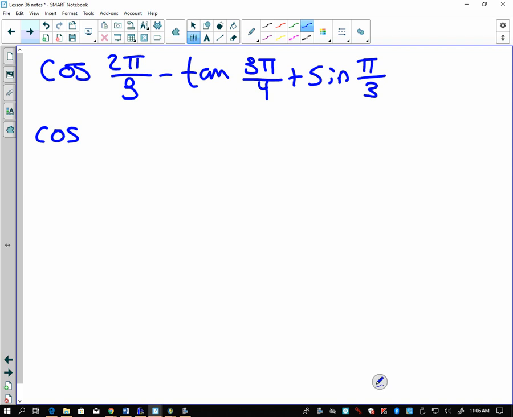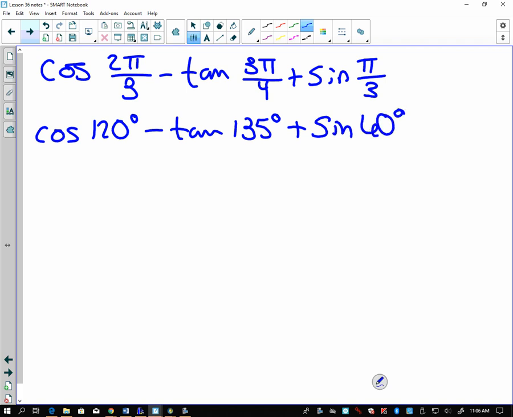So cosine 120 degrees, minus tangent, that's 3 times 180. I don't have that one off the top of my head. 3 times 180 divided by 4, probably around 135 degrees. I also have it written on my paper, but I do like to make it sound like I know it. And then 180 divided by 3 should be 60. That's a little less impressive to do. All right, so for each of these, I'm going to make a coordinate plane.